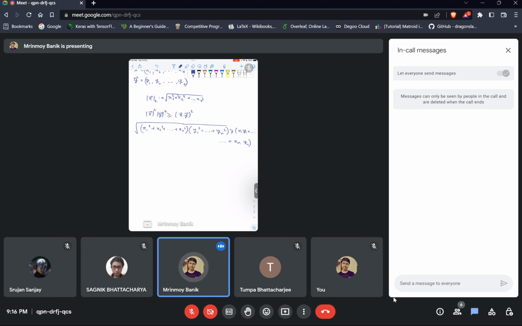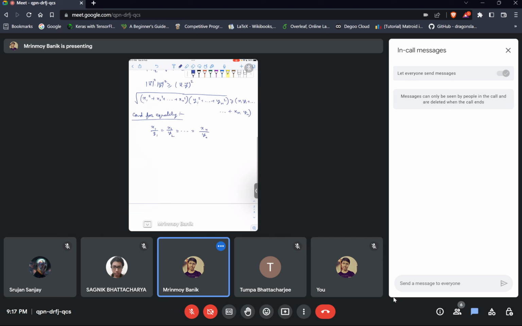Now the condition for equality. You can see it's greater than or equal to, so for some values of xi and yi, this equality must hold. This is the condition for equality: x1 by y1 equals x2 by y2, and so on. So the vectors have to be collinear to start with, so that we can have equality in the Cauchy-Schwarz inequality.